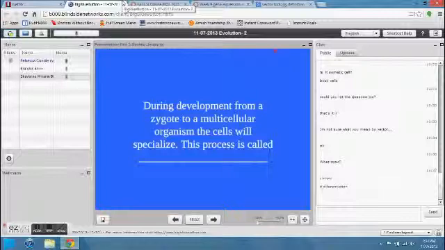So going from that one cell to a multicellular organism, it's called differentiation.